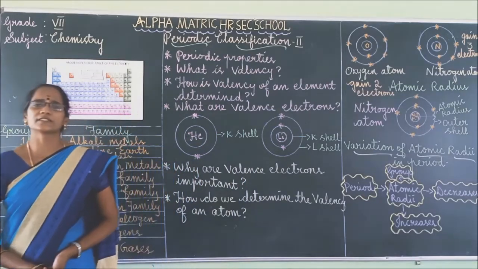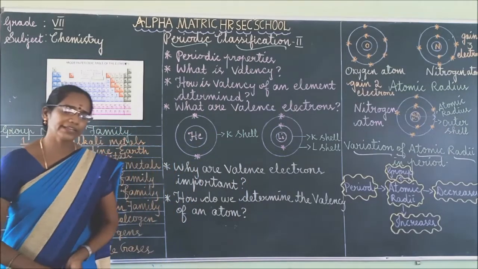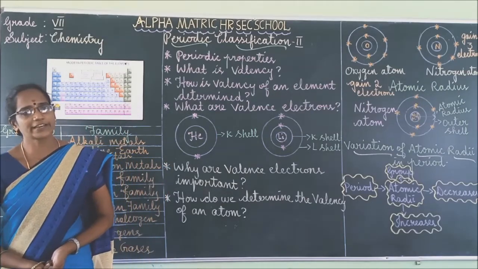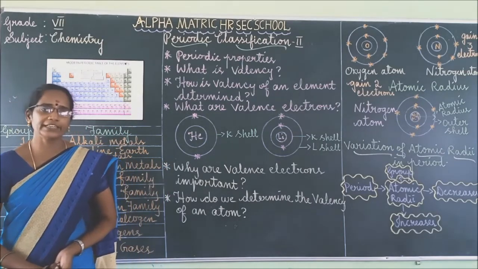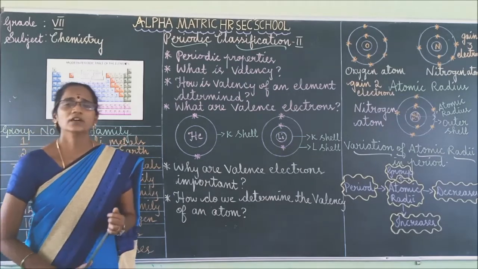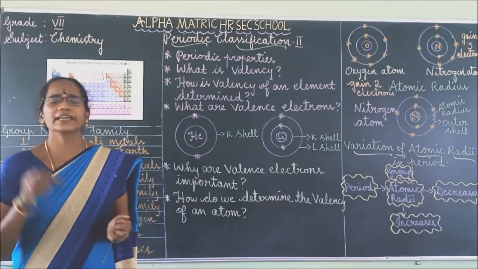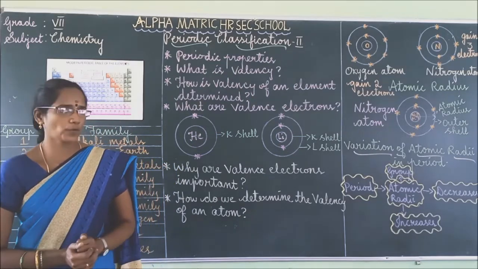Properties such as atomic radius, ionic radius, covalent radius and ionization energy, electron affinity, electronegativity, these will come under regular periodicity, hence they are called periodic properties.